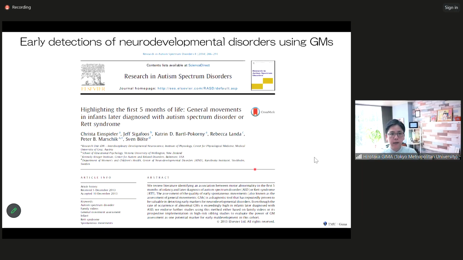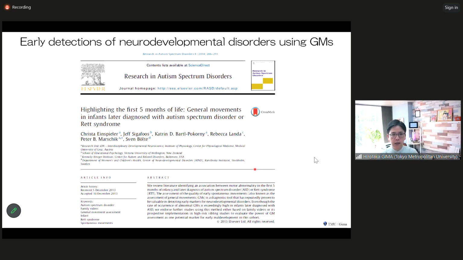Furthermore, in the paper shown on this slide, it was reported that fidgety movements were not shown in early infancy in many infants who later developed ASD, autism spectrum disorders. In this review paper, the authors identified an association between motor abnormality in the first 5 months of infancy and later diagnosis of ASD or Rett syndrome.